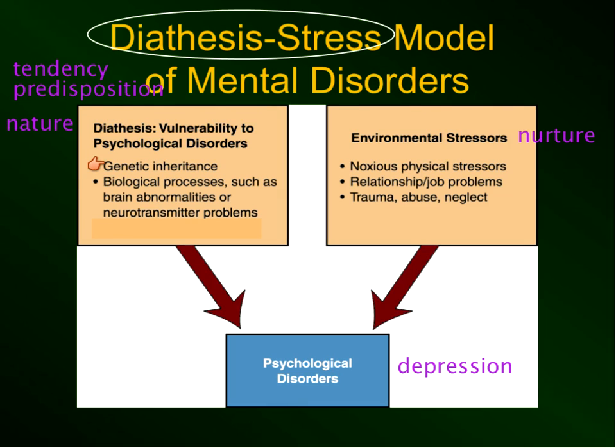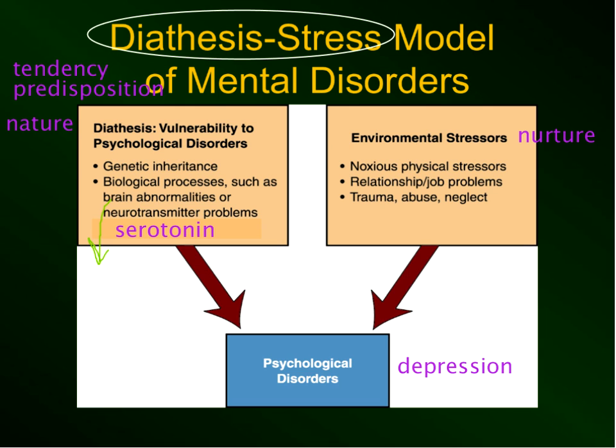From your genetic inheritance, or from any of a variety of different biological processes, you might have a vulnerability to depression. So back in the section on biology, we talked about serotonin as one of the neurotransmitters, right, to do chemical communication in the brain. Well, it turns out that serotonin levels in folks who are prone to depression are lower than we would expect them to be.